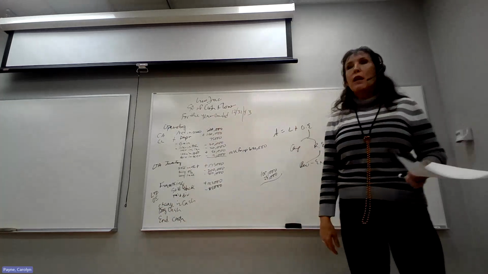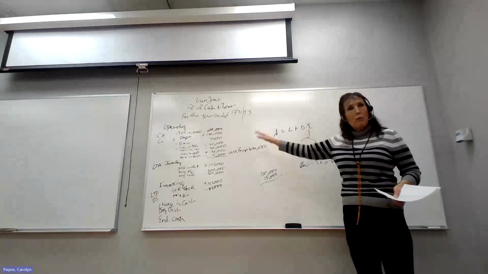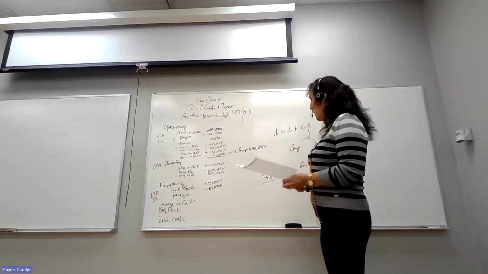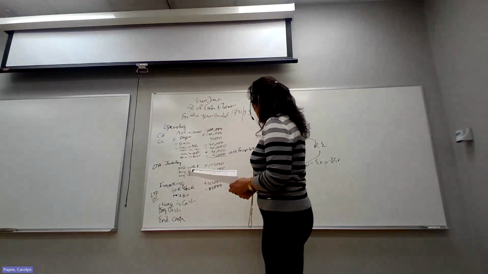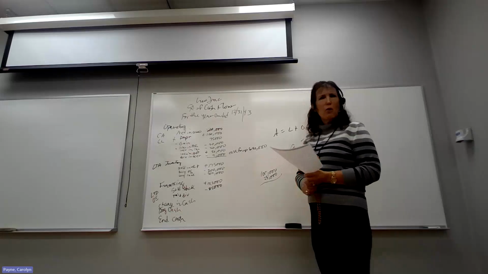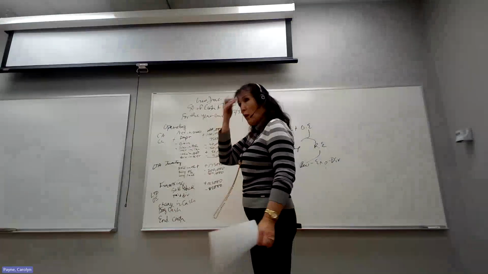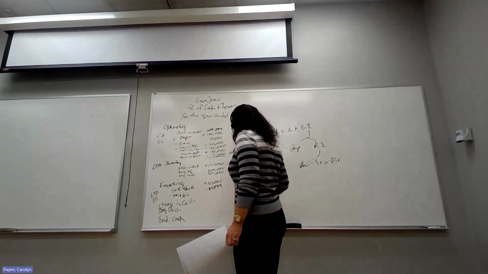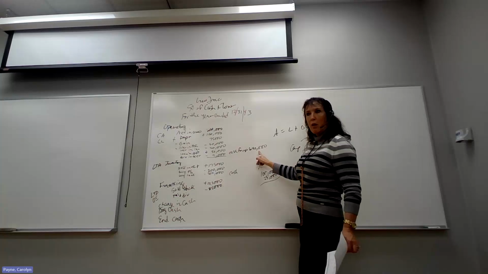Now we've considered everything. We looked at all of the different types of accounts, and now we can determine where our money came from and where it went. This section was 500,000, or 700,000 rather, minus that, so 525. Cash used, remember, this was cash from operations because it was plus.